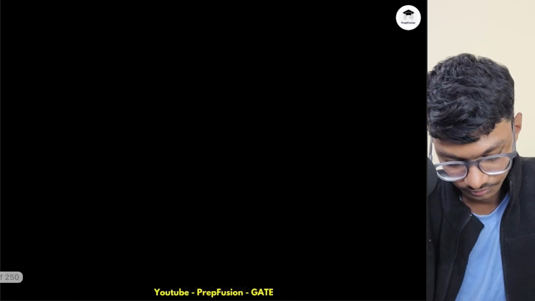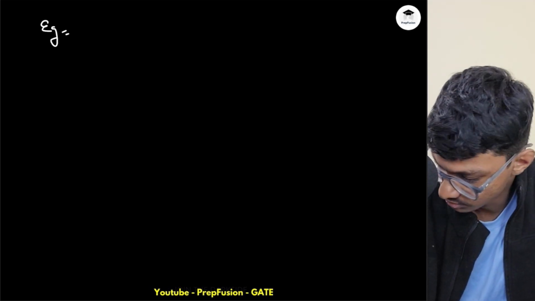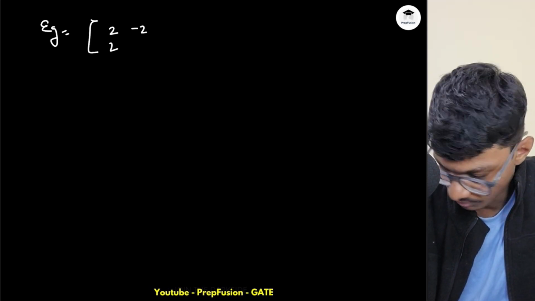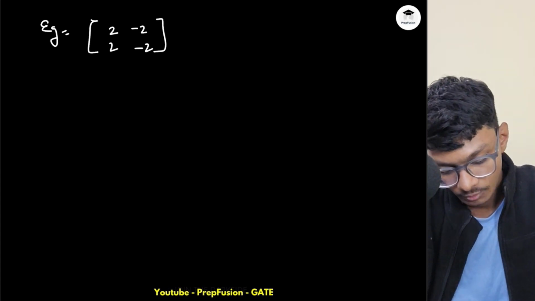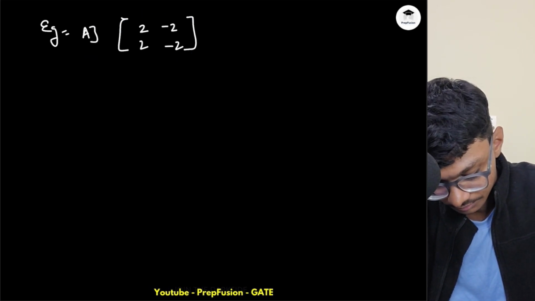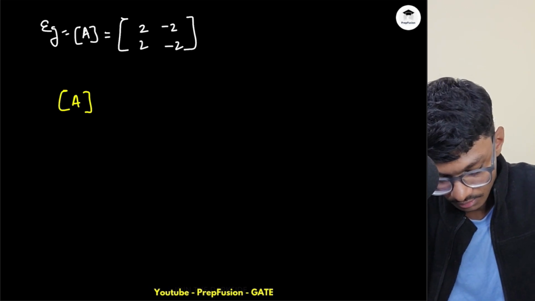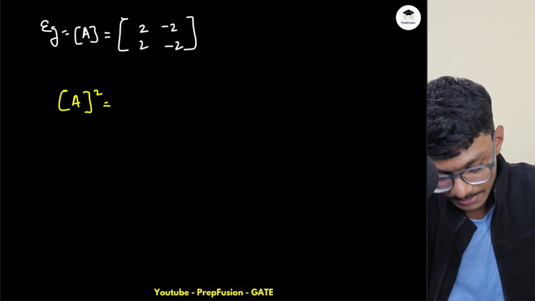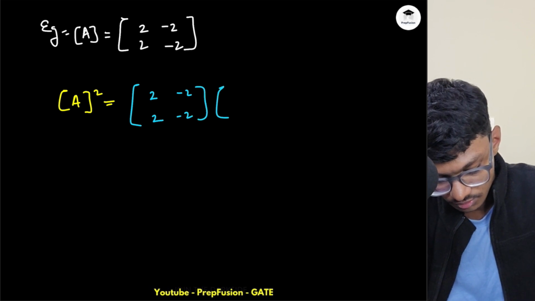On the top of my head, I've already written some matrix down, so it is 2 minus 2, 2 minus 2. Now this is a very simple matrix. So basically what you do is A square. I will write this as equals to A times A. Now if I do A square, this will be 2 minus 2, 2 minus 2, times 2 minus 2, 2 minus 2.